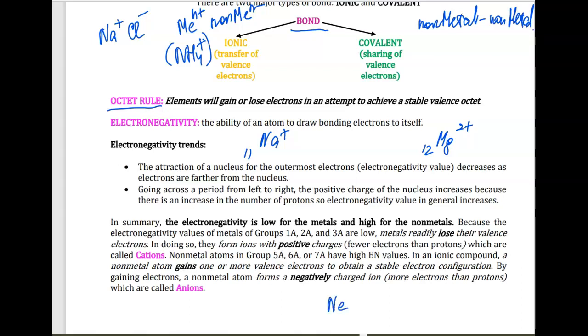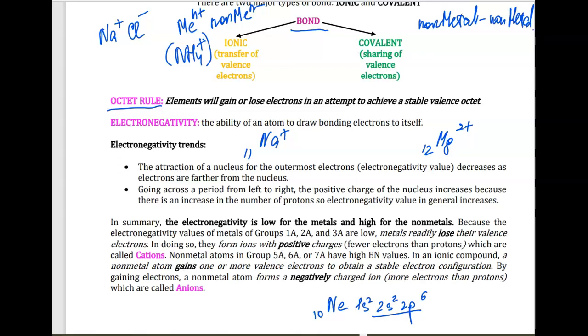Neon, let me write it here. Neon's atomic number is 10, so that means it has 10 electrons outside of its nucleus and 2 electron shells. Its electron configuration is 1s2, 2s2, 2p6, which gives us 8 electrons on its outer shell.